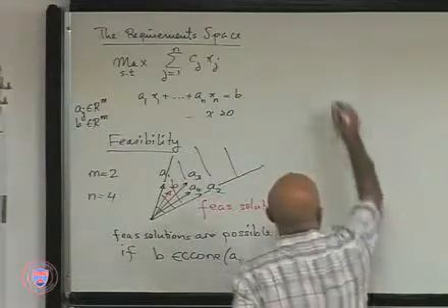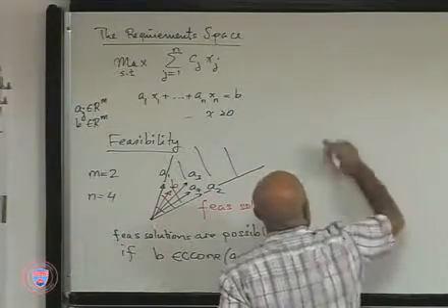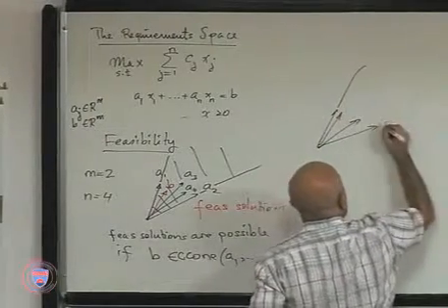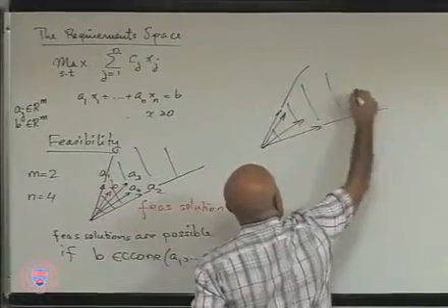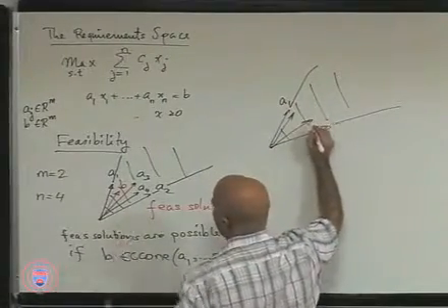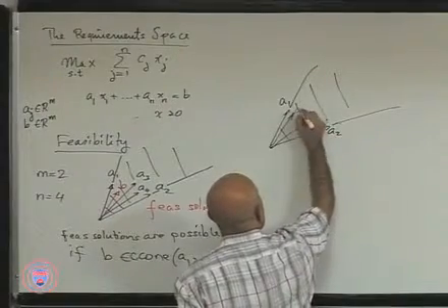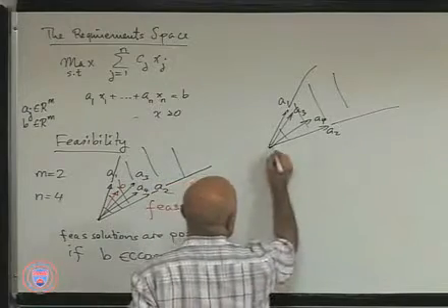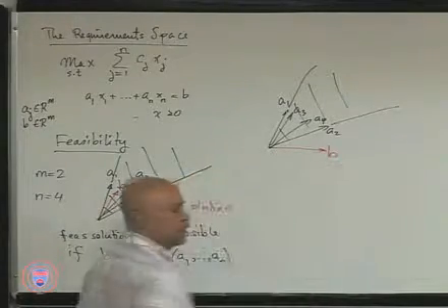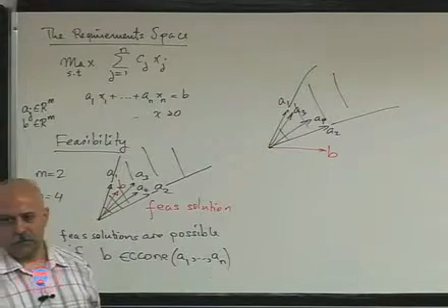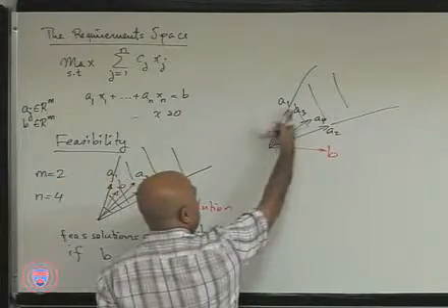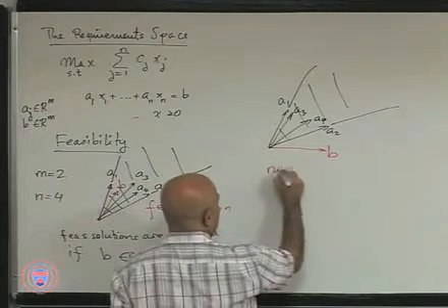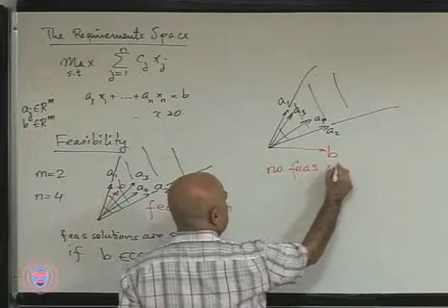Whereas if the picture is a little bit different, this is the convex cone, A1, A2, A3, A4. And if my B is, for example, pointing this way, then there's no feasible solution. You cannot express B as a non-negative linear combination of these vectors. No feasible solution.